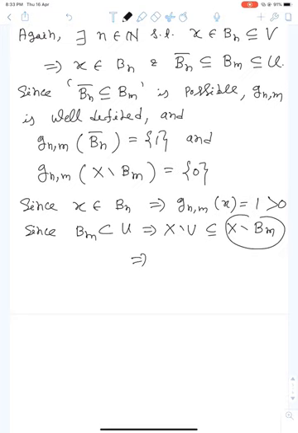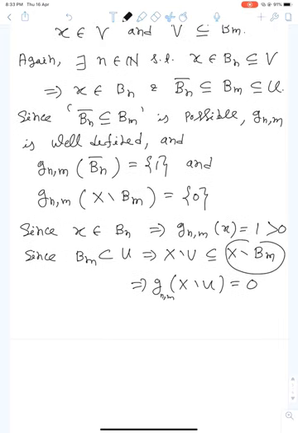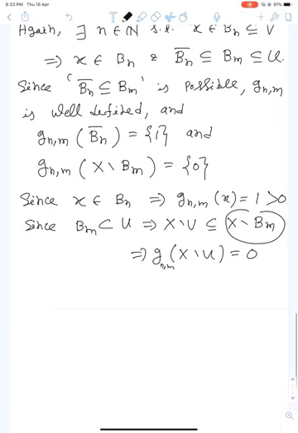So that implies G_{n,m} of X minus U equals 0. So we are done, right? That means if we have any arbitrary point X and any arbitrary open set U containing X, then we have a pair which satisfies this property.